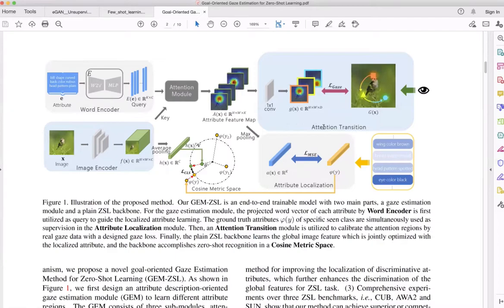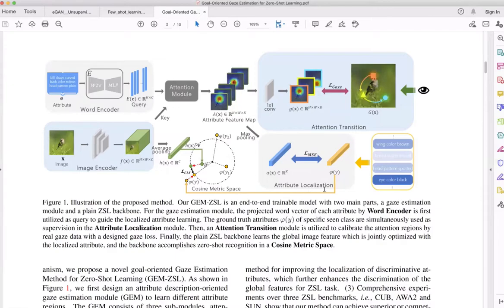And you also have here the attention transition, and they measure the cosine similarity, like I was mentioning before, between the two vectors, trying to measure how similar the image is to the learned attribute representation.